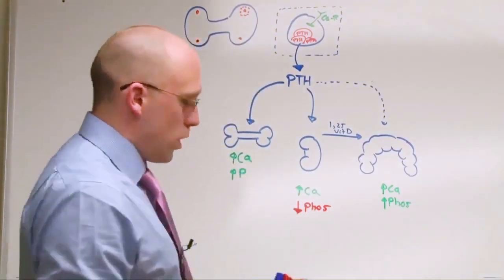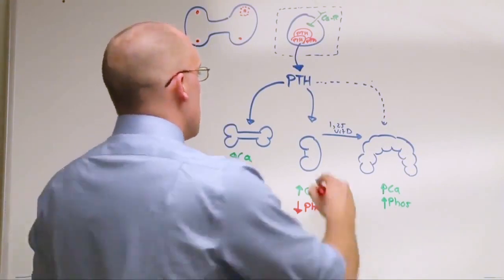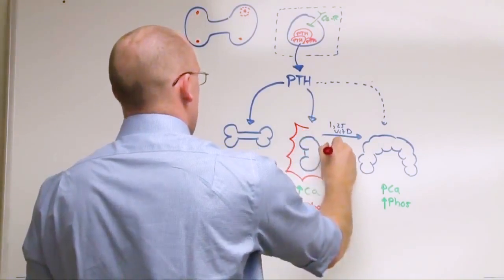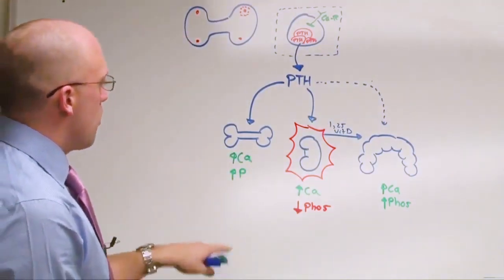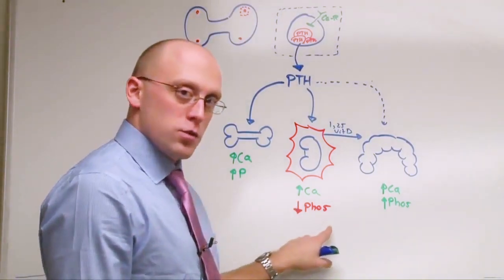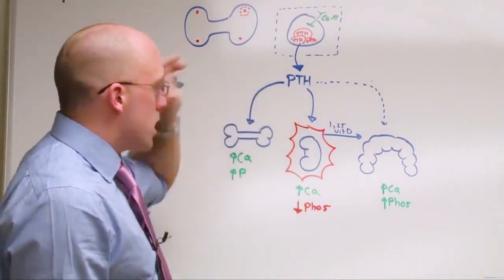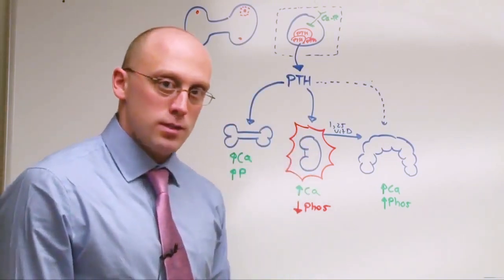Now, throughout this video, what I want you to remember is that if the kidney is working, the kidney always wins. That is to say, because the kidney is the only place where phosphorus is decreased under the influence of parathyroid hormone, we can use that.